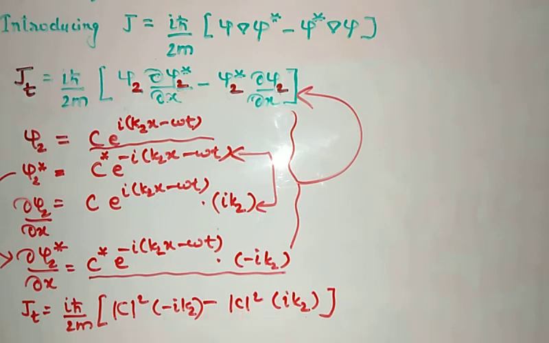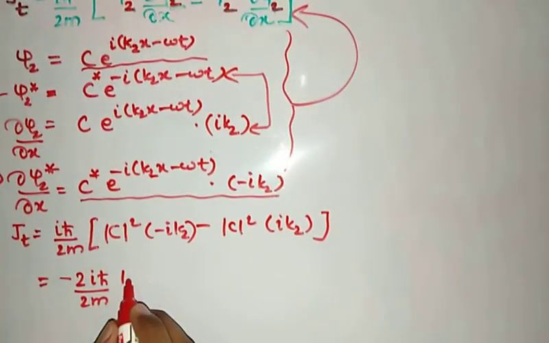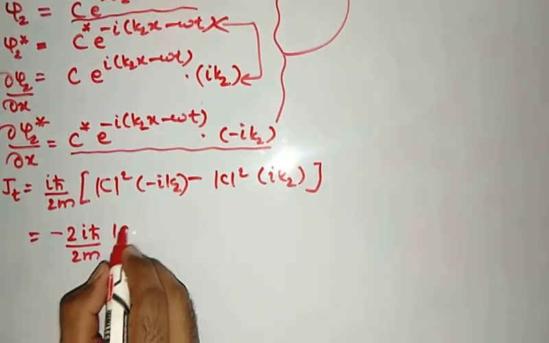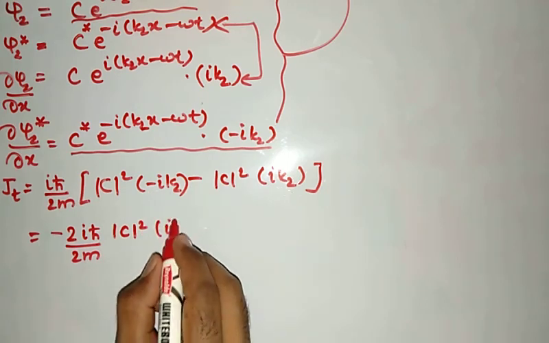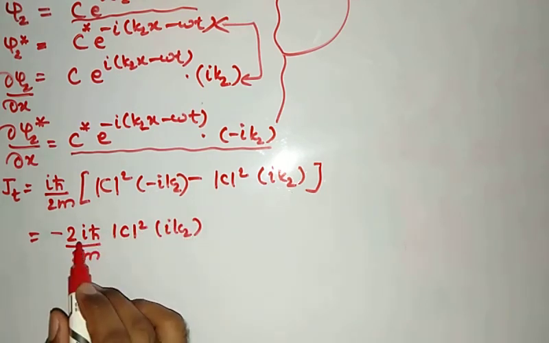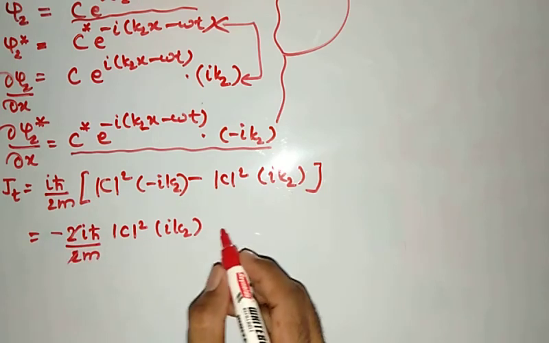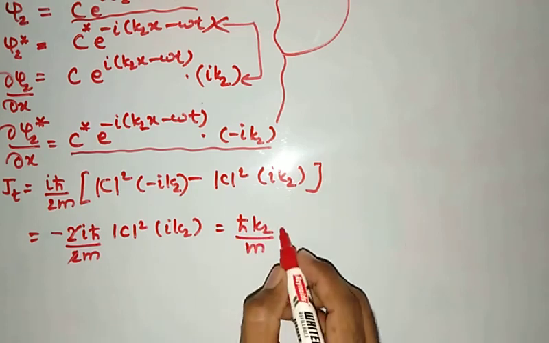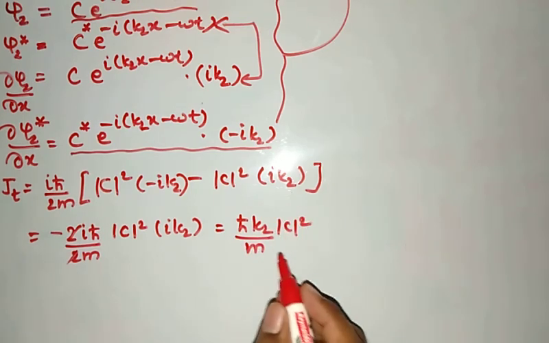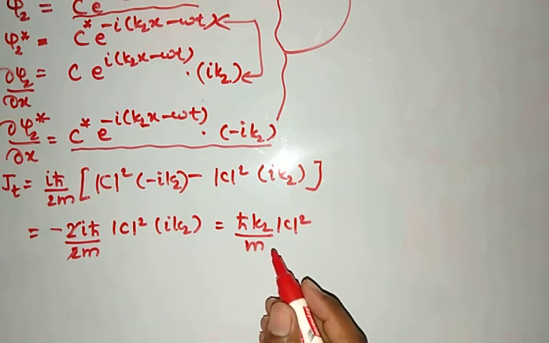So this is minus minus, that is minus 2 I h cut upon 2m mod c square I k2. I square is minus 1, so the plus 1 cancels out, and what remains is h cut k2 by m mod c square. So now we have found Ji, Jr and Jt.